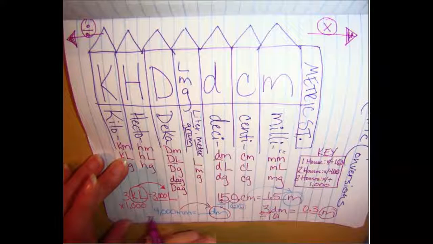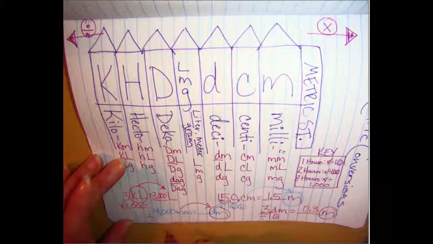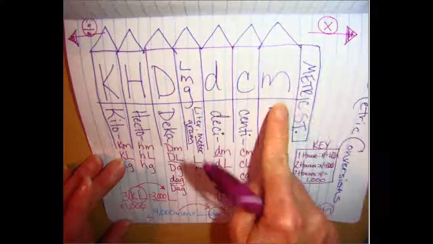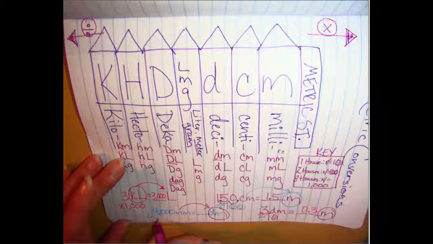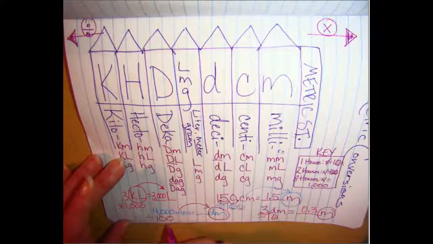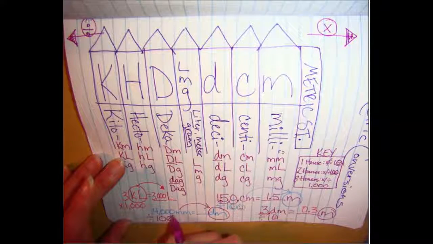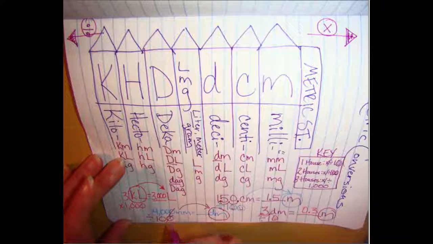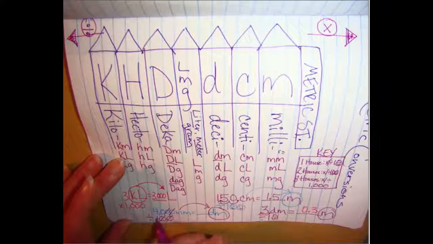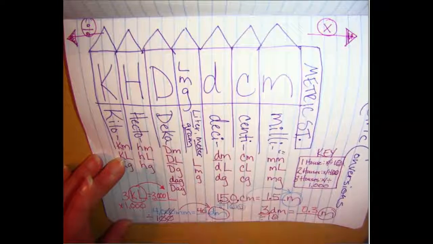I divide the big. How many houses from milli to deci? 2 houses. What do I divide it by? 100. Now if I divide and I have zeros on both sides, do you remember what we do? I can get rid of the same number of zeros. Goodbye, goodbye. 40 divided by 1 is 40, and I'm done.